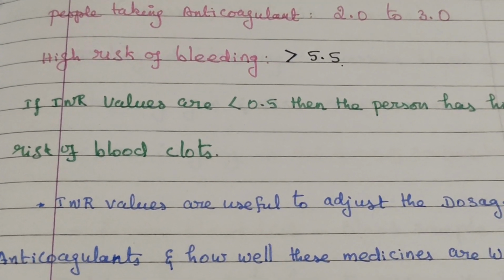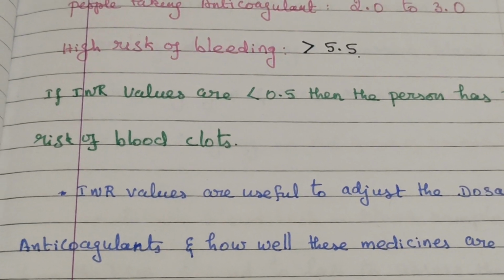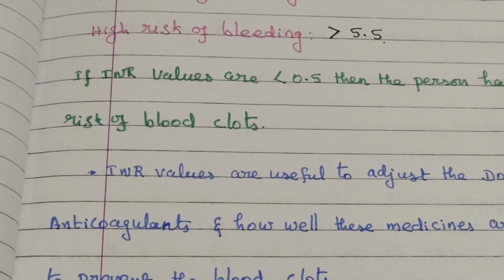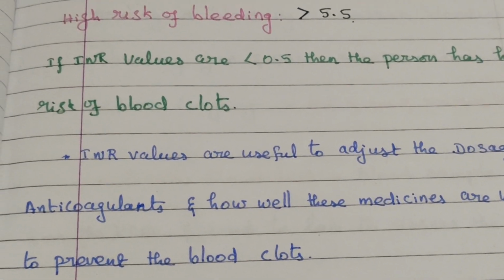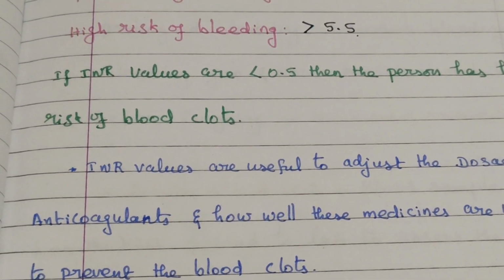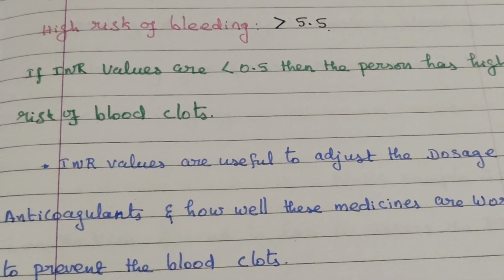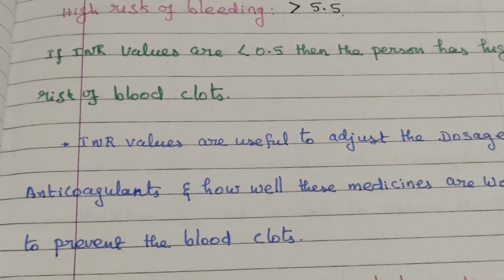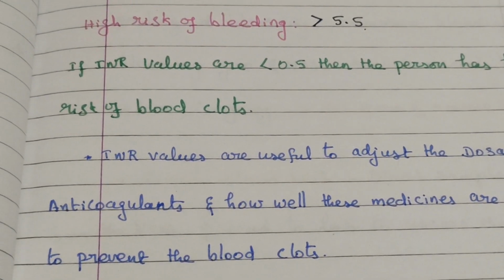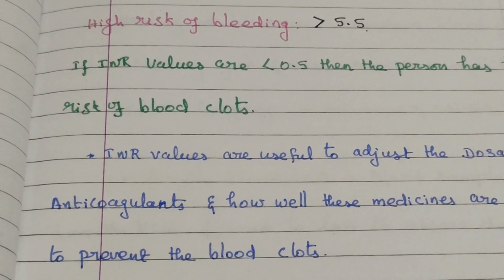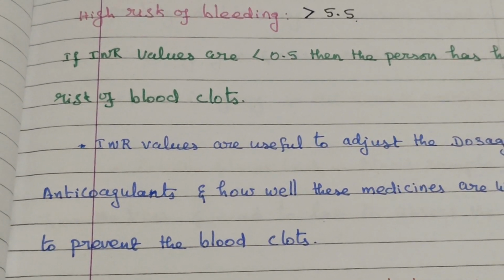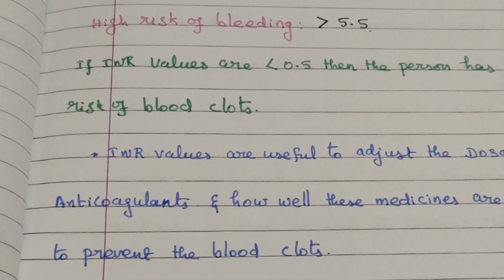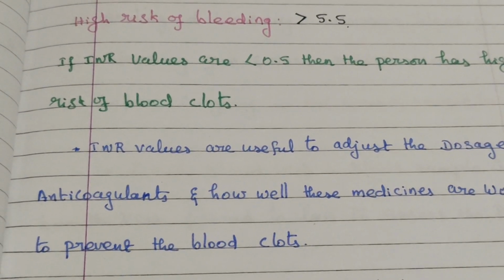Most importantly, the INR value is only useful to adjust the dosage of medicine. Using the INR value, the doctor can determine how the medicine is working and how effective it is in preventing blood clots.